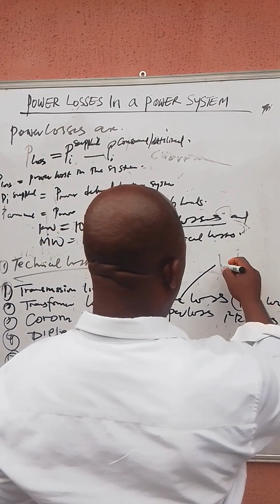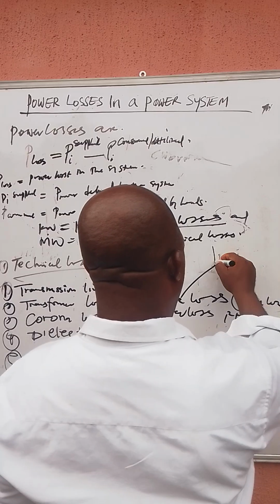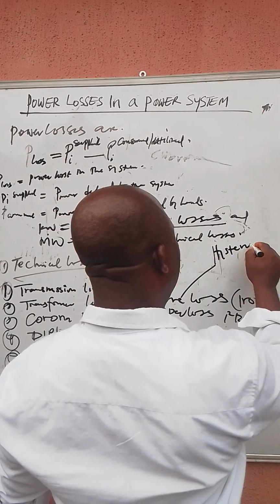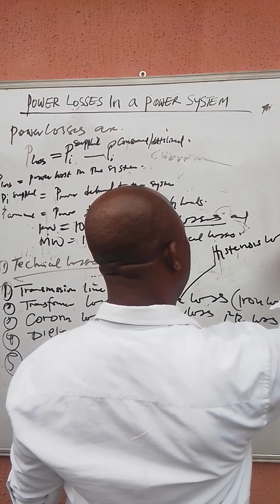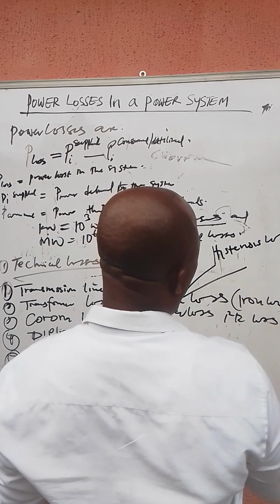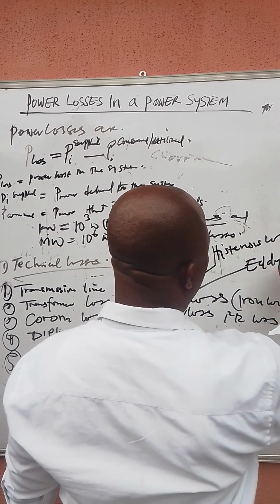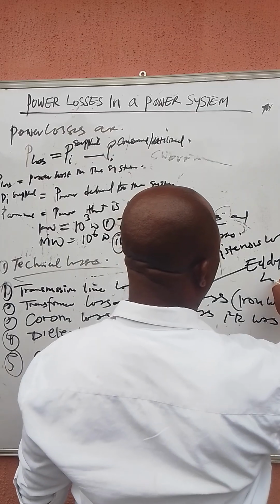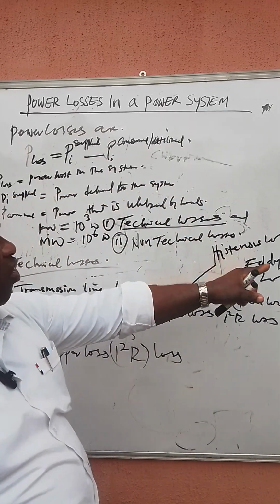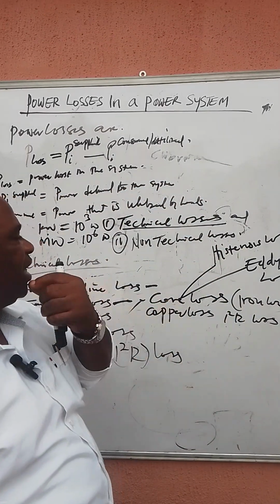Under core loss, we have hysteresis loss. Then under the core we also have eddy current loss. So we have eddy current loss under core loss in the transformer.